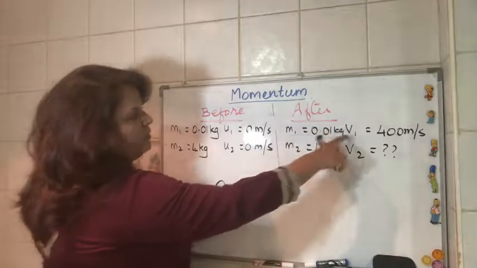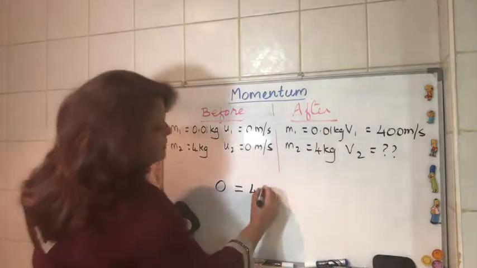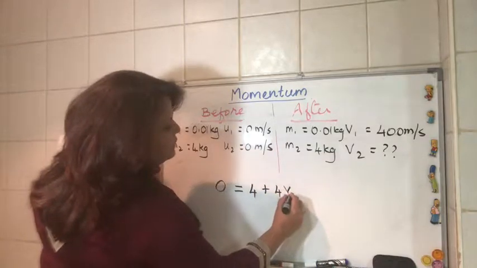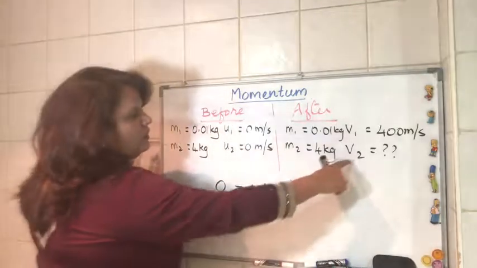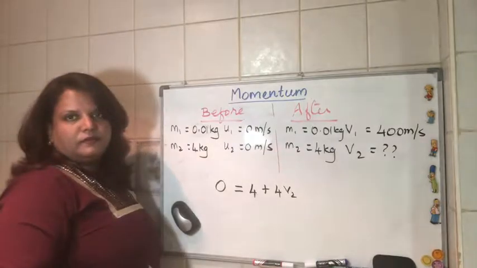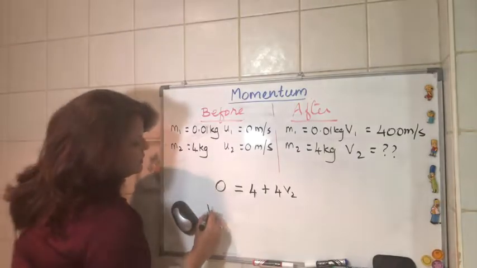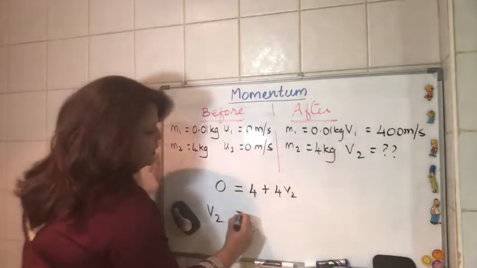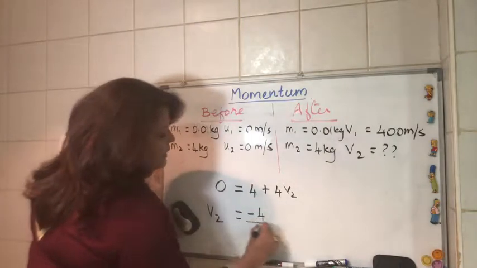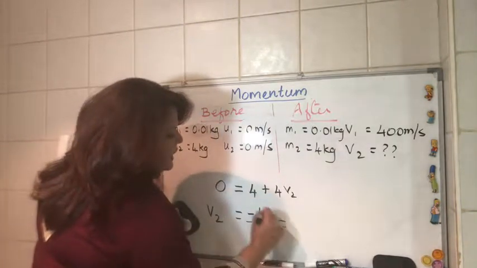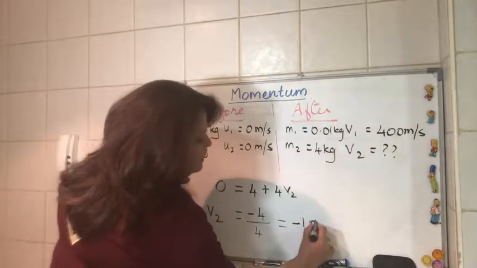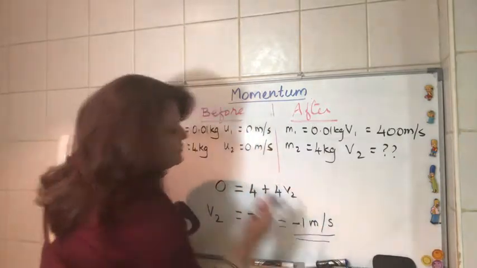Momentum of m1 v1 will be 4 plus 4 into v2. m2 is 4, v2 is the question. Now when you change the subject of the formula, this will come to the other side, you will end up with minus 4 divided by 4, which gives you minus 1 meters per second.